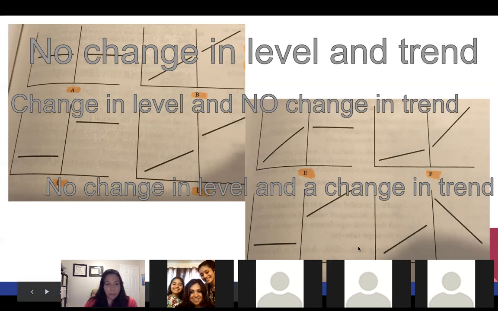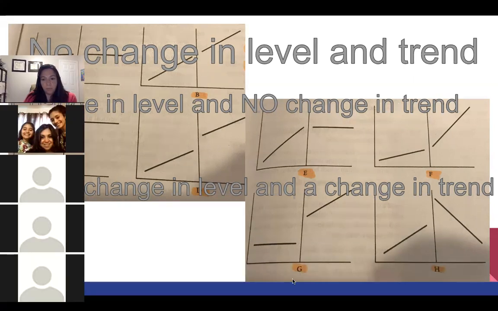All right, so now let's look at the last one. G and H. G both changed, both level and trend. H also changed, both. One is upward. You say both trend and level, or just one?